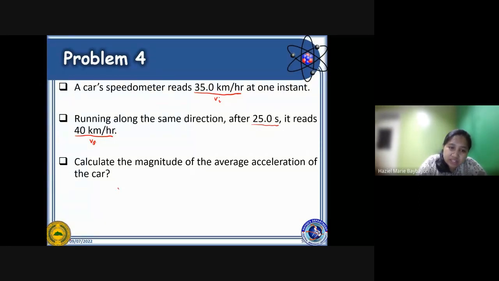So average acceleration, A average, is just equal to V final minus V initial over the time interval T, or we can use T final minus T initial, or delta T, or just T, since we are given 25 seconds. Now, notice that we did not consider the direction because it is said that they moved along the same direction.